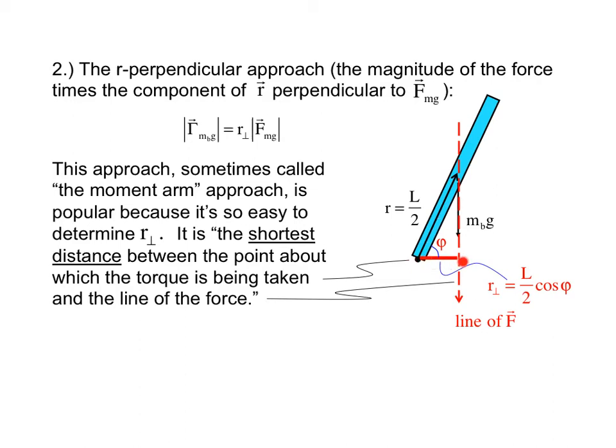Here is the angle of the beam. This distance is L over 2. Here you have a right triangle of which this is one of the sides. It's the side adjacent to the angle you know. So R perpendicular is going to be L over 2 cosine of phi. Putting that into our torque calculation, R perpendicular, L over 2 cosine phi, magnitude of F, mg, we now have a relationship that looks just like the one that we just derived earlier using the definition approach.